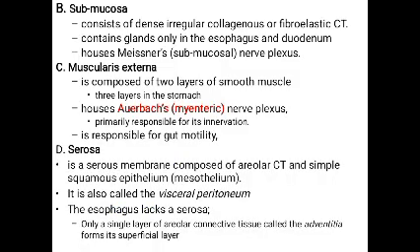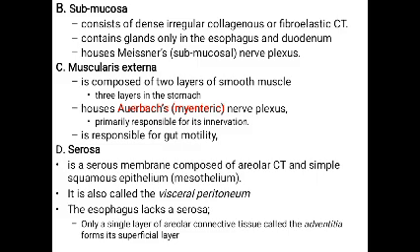B. Submucosa consists of dense, irregular, collagenous or fibroelastic CT. Contains glands only in the esophagus and duodenum. Houses Meissner's or submucosal nerve plexus.